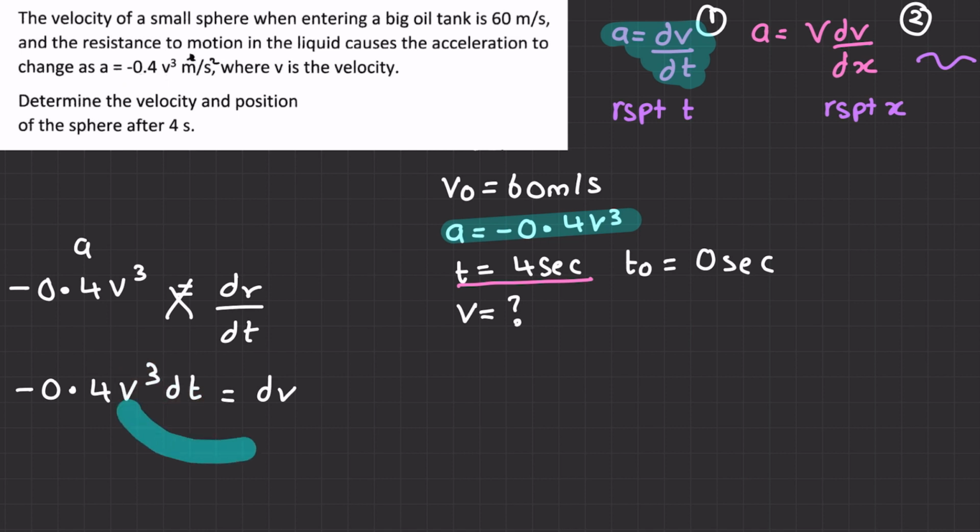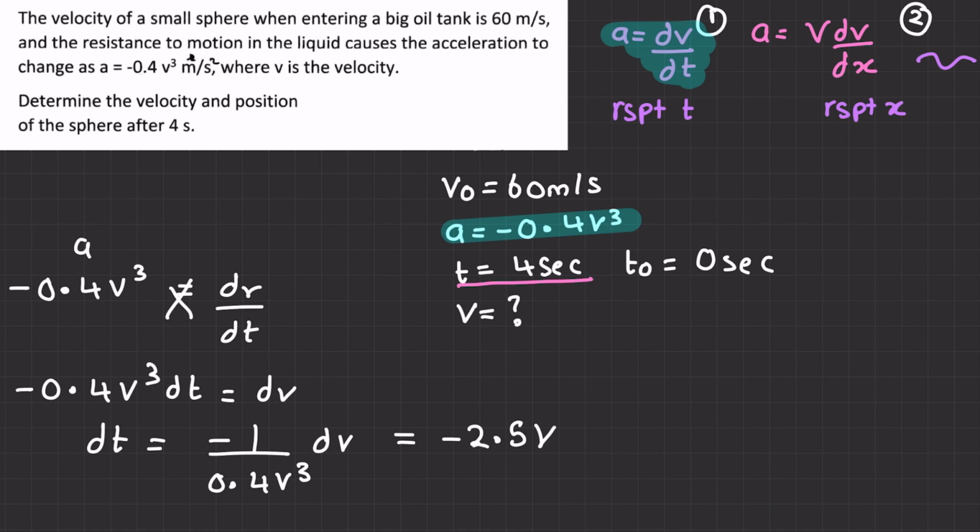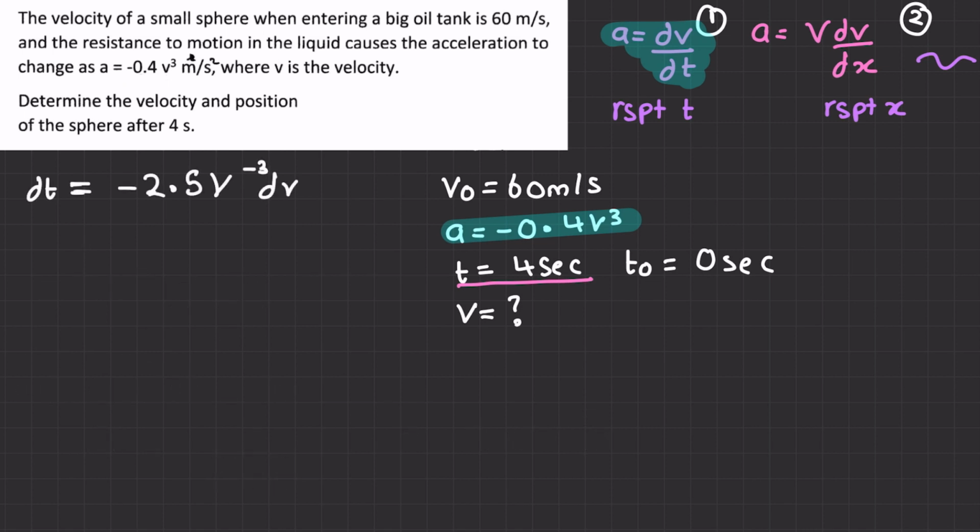That means we're meant to get this v over to this side. So it will be dt equals minus 1 over 0.4 v cubed dv, which equals minus 1 divided by 0.4, which is minus 2.5 v, because we're bringing this 3 on top, it's going to become negative 3, dv. From here, we're going to pull out our integral signs.